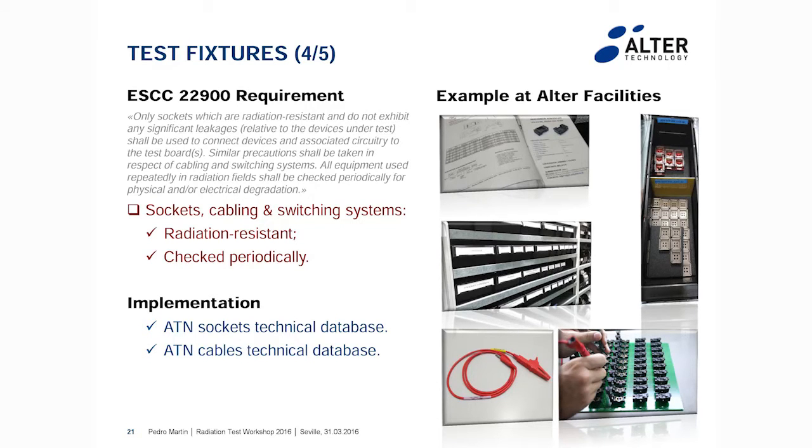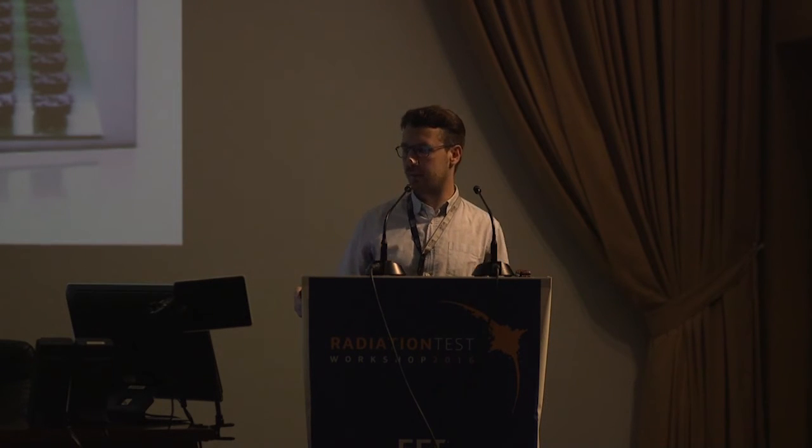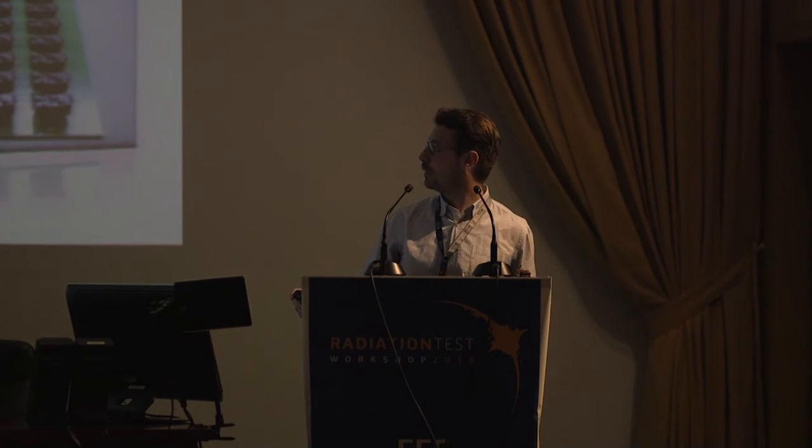And last, for these test features, we can say that you always are going to need cabling, sockets, and switching system, and all of them have to be radiation tolerant, and you need to check periodically all of them to be sure that everything is good.